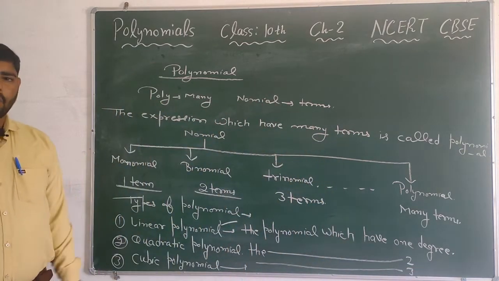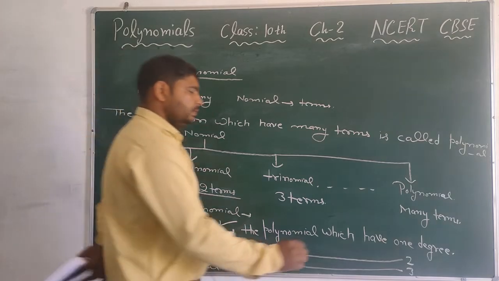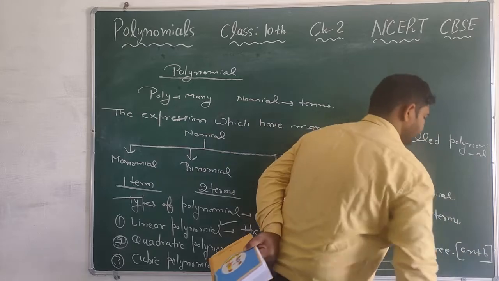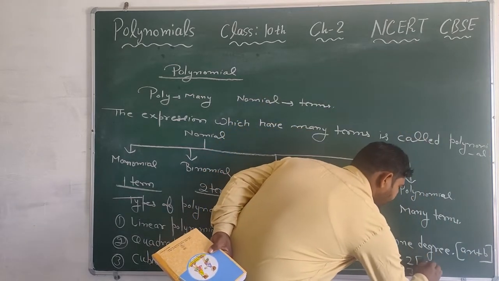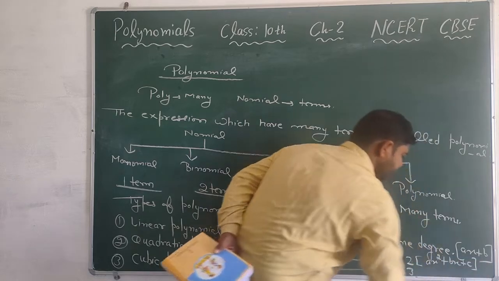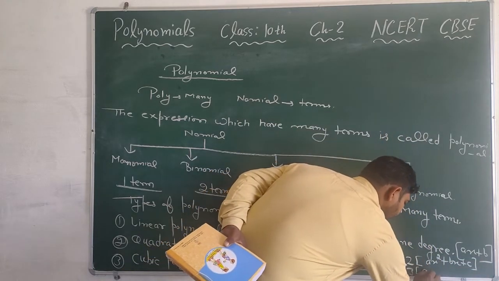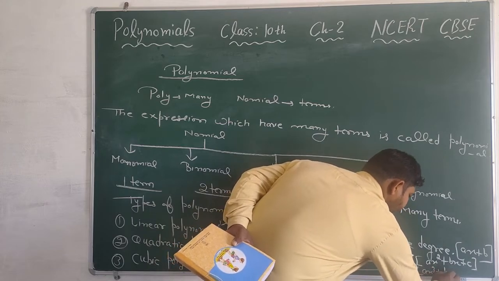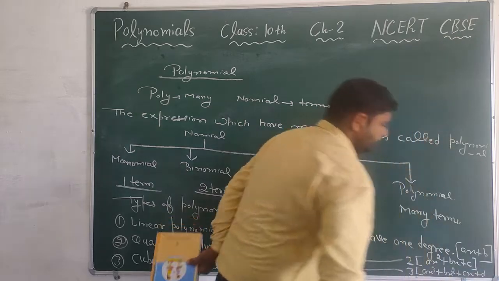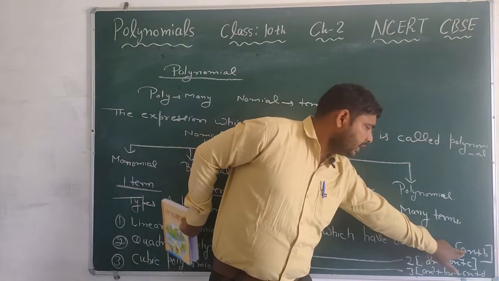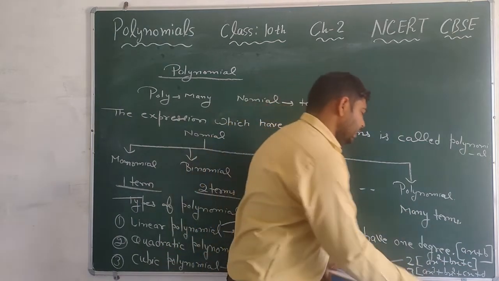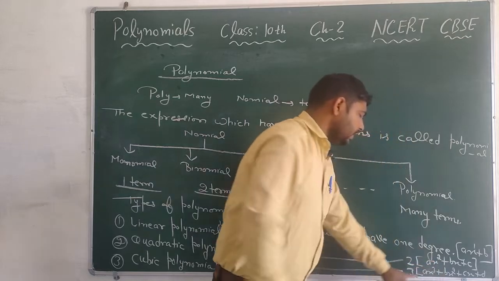The standard form of a linear polynomial is ax plus b. Quadratic polynomial: ax square plus bx plus c. Cubic: ax cube plus bx square plus cx plus d. So in a linear polynomial the highest power is 1, that is degree 1. In quadratic 2, in cubic 3.